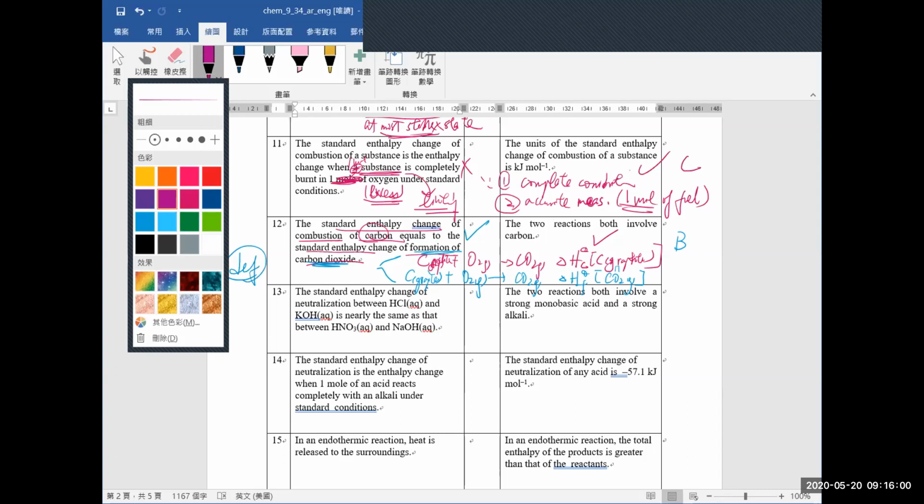13. The standard enthalpy change of neutralization between HCl and KOH is nearly the same as that between HNO3 and NaOH. The 2 reactions involve both a strong monobasic acid and a strong alkaline.